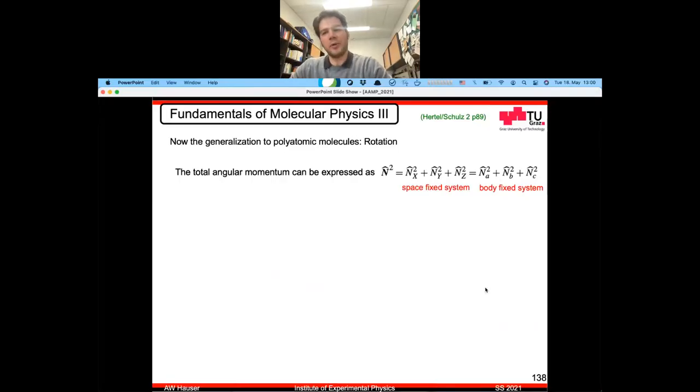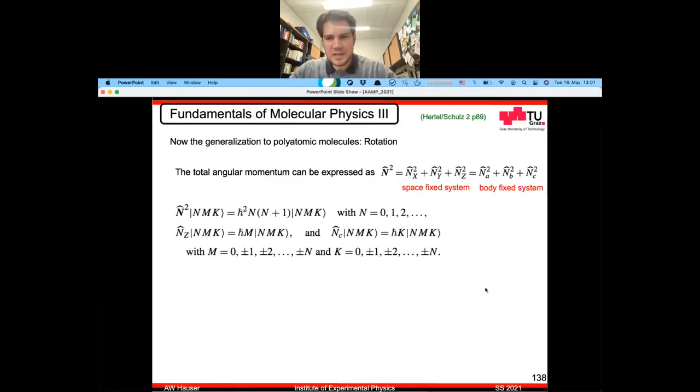We can always refer to our coordinate system in our laboratory frame or in a space-fixed frame. But we can also use this body-fixed system where we take these vectors A, B, and C as we have derived by diagonalizing the moment of inertia tensor.